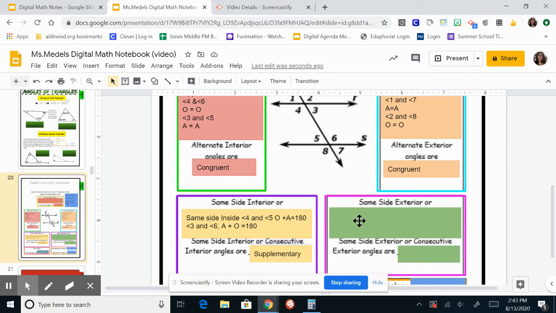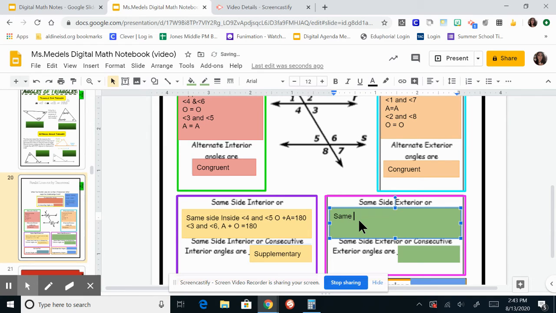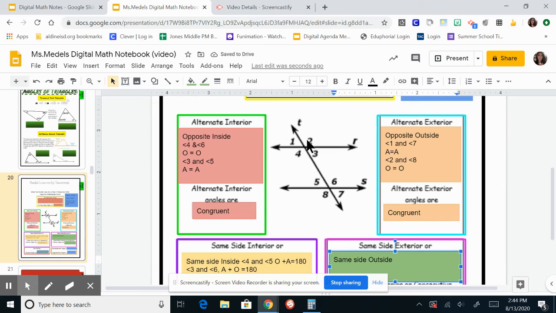Now, same side exterior. Again, same side, and exterior is going to mean the outside. So we're going to go outside of the parallel lines. That means angle 1, angle 2, angle 7, and angle 8.